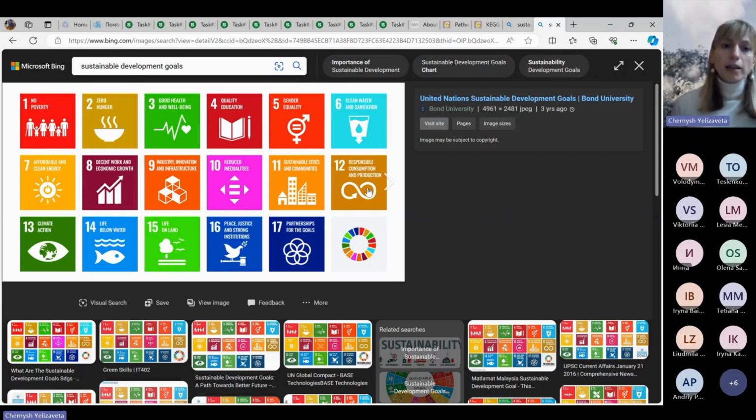Good health and well-being: in medicine, biotechnology grows very quickly, and it's really connected with this. Industry, innovation and infrastructure: yes, a lot of biotechnology has an innovation part, and some bioproduction plants are growing in the world.